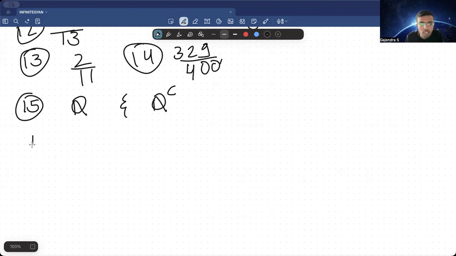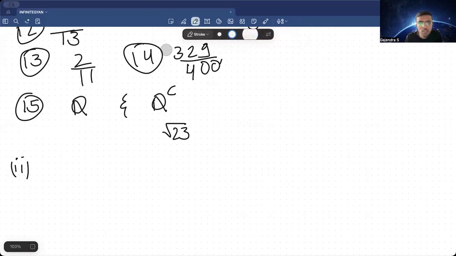So if I have some numbers like √23, which category will it be? Rational or irrational? Yes, exactly. This will be an irrational number, right? And for the second one, here you have to tell whether the answer is a rational number or an irrational number.